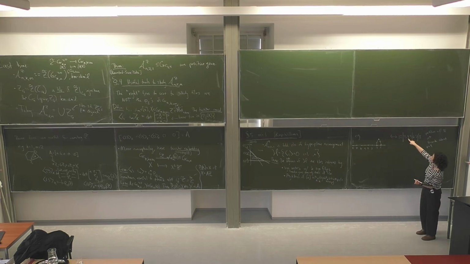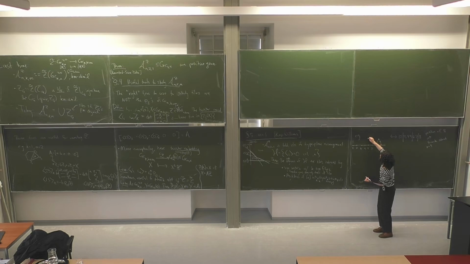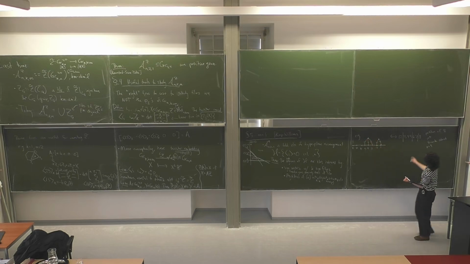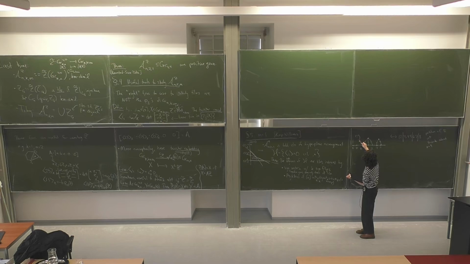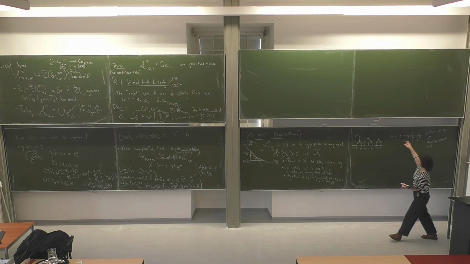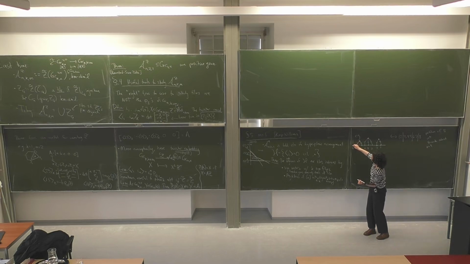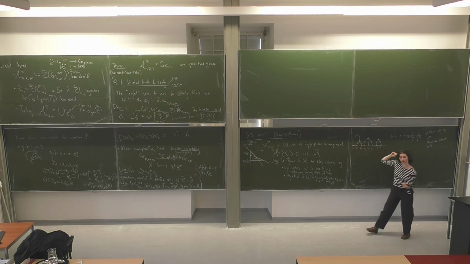I do the same thing for each part. So 3, 4, 5 is a part, so I draw a spider with legs 3, 4, 5. And 6, 7 is a part, a spider with legs 6, 7. Any singletons I just leave alone. I just get a vertex, I don't attach it.